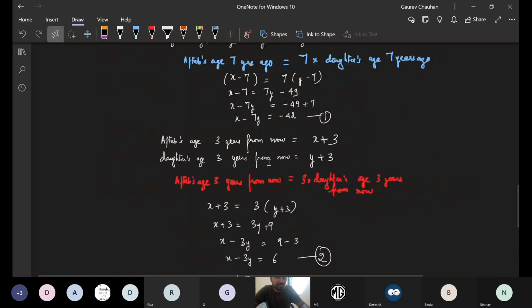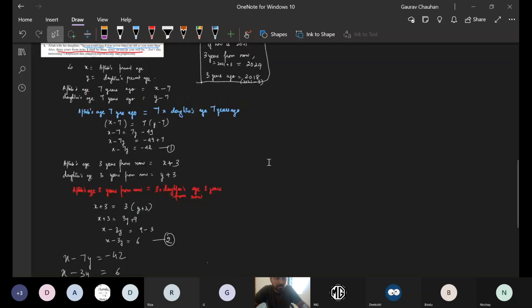Has everyone copied this? Can you unmute and tell me? Dilruba, you've copied this? Nischay, you've not copied. I know you will be doing it later, but others you've copied, right?